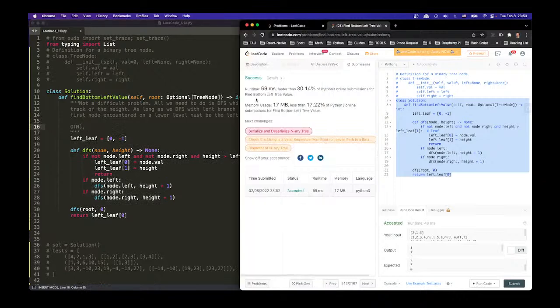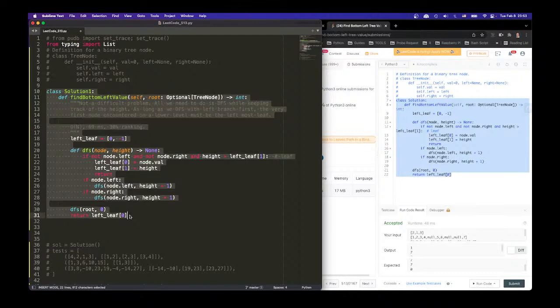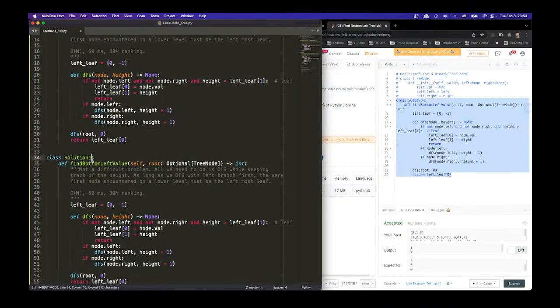And I just realized this one will be very easy to do in BFS. Why don't you do BFS? That'll be quite straightforward to do in BFS, I think. Let's try BFS.